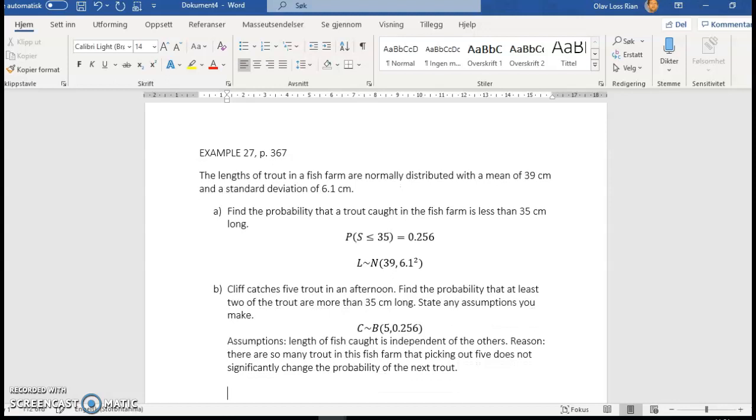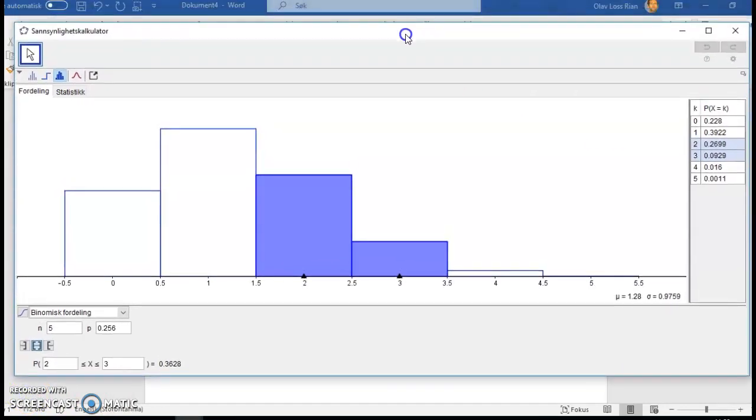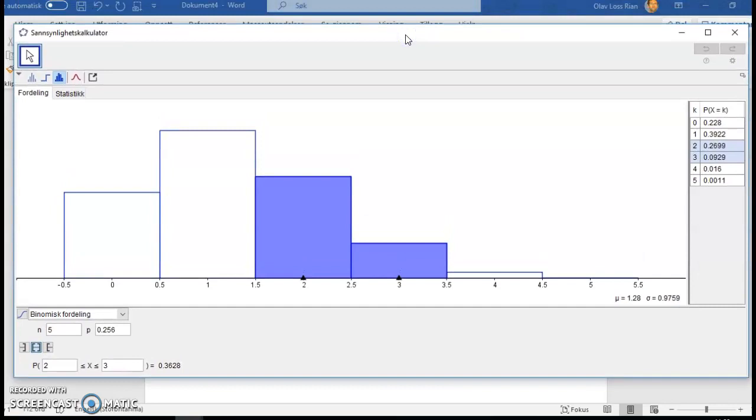Right. So our question now: find the probability that at least 2 of the trout are more than 35 centimeters long. And we've started to model this as a binomial probability. And in GeoGebra, this is what this binomial probability distribution would look like.